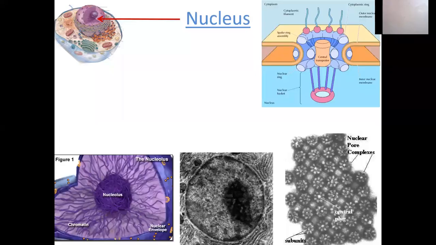Okay, so the very first structure that we are going to be talking about here is the nucleus. So the nucleus is kind of the cell's brain, or where the cookbook essentially is stored. Okay, in our image here, we can see this big spherical purple structure here.